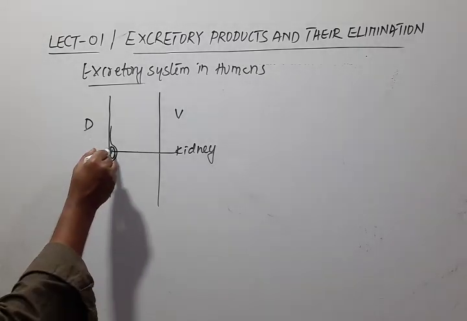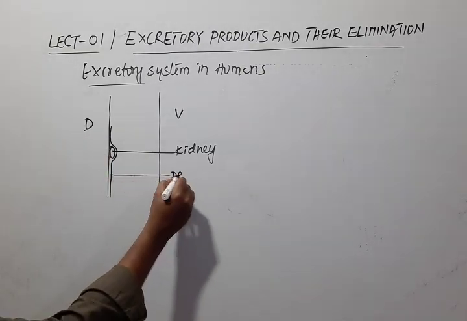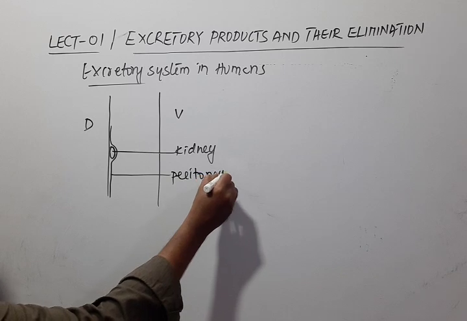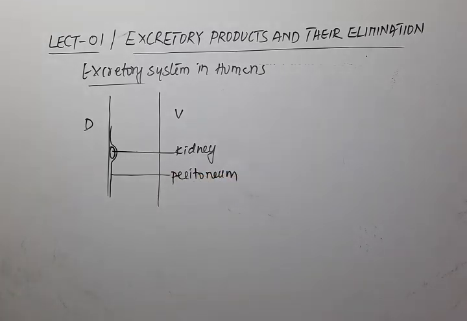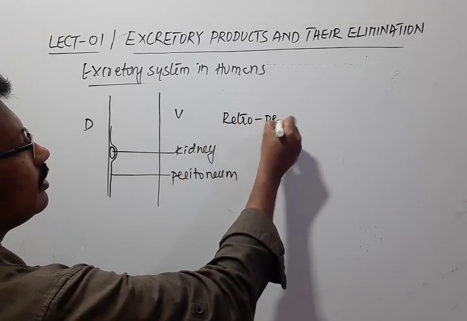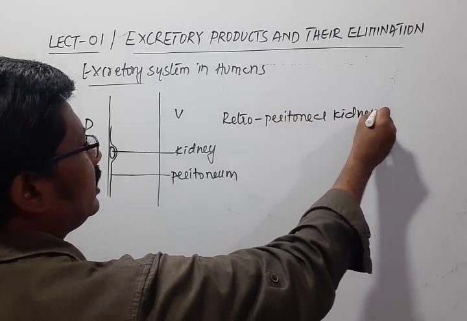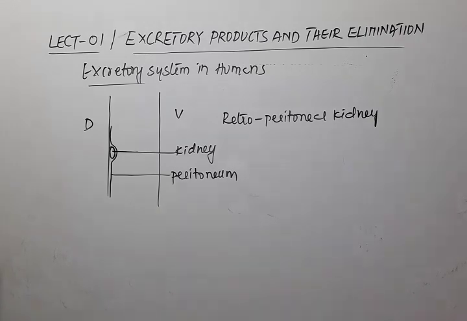Only the ventral side of the kidney is covered by peritoneum. Because of this, we call the kidneys retroperitoneal kidneys, as the peritoneum covers only the ventral side.